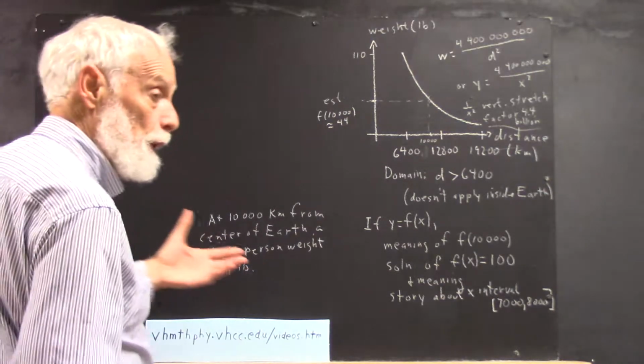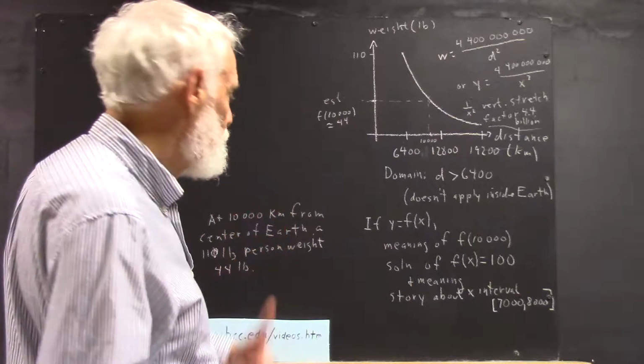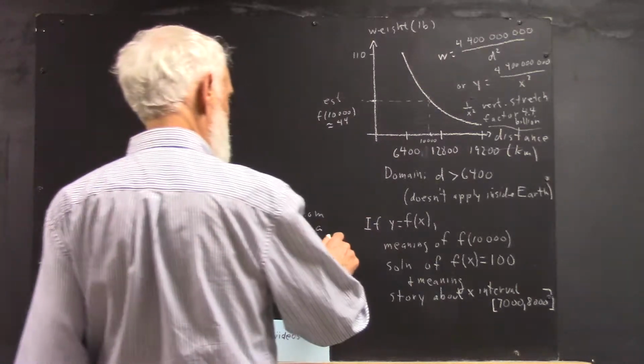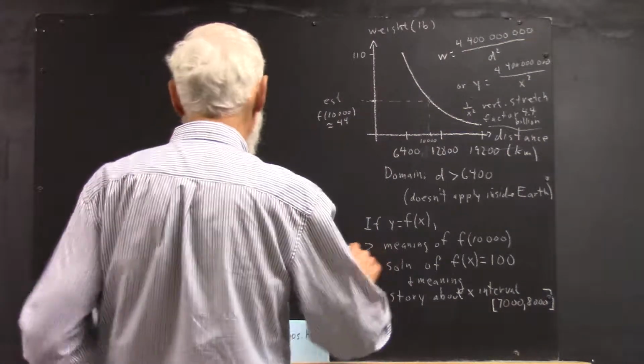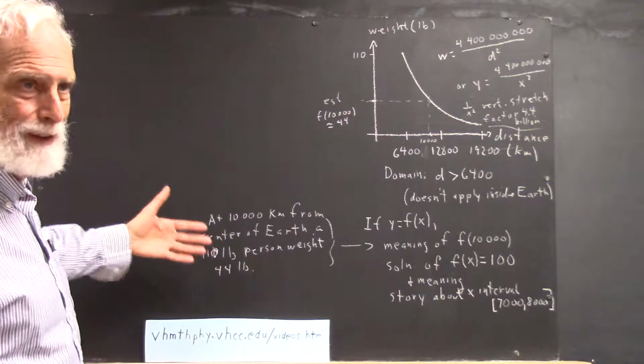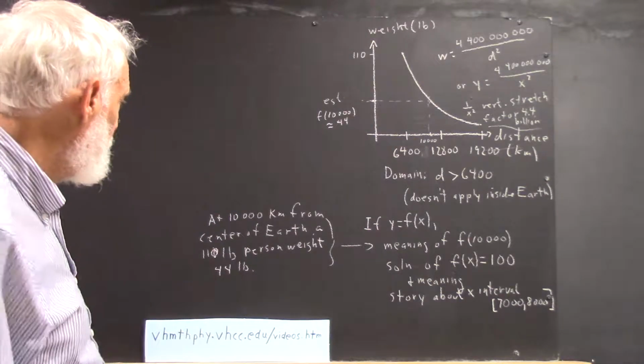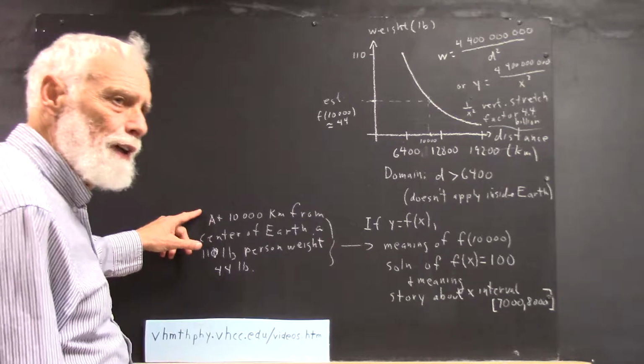Not a good way to lose weight, but of course, it's your mass, not your weight, that determines what you're going to weigh at the surface of the earth, and that's maybe your real weight.